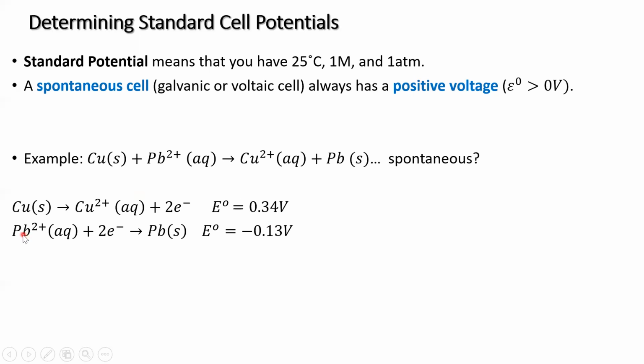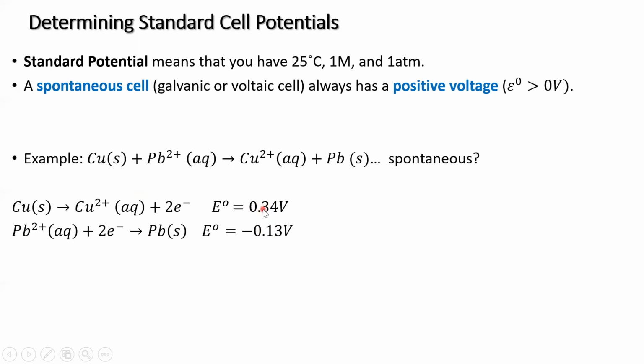If we look up the lead 2 ions going to lead atoms, the table tells us it's negative 0.13 volts. This number here, the 0.34, and this number here, the negative 0.13, these come off the table.